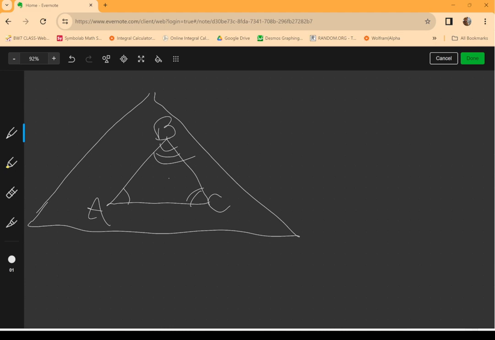Here the drawing is not to scale, but if we had a drawing where the sides of the triangle, BC, would be parallel to, let me label these, D, E, F, side EF here, and AB parallel to DE, etc. As it turns out, what these two triangles will have in common is that angle F would have the same measurement as angle C, angle A would have the same measurement as angle D, and angle B would have the same measurement as angle E.